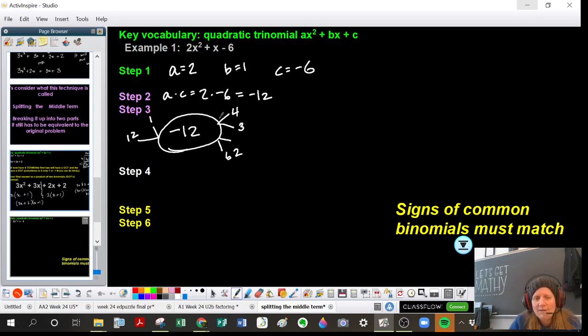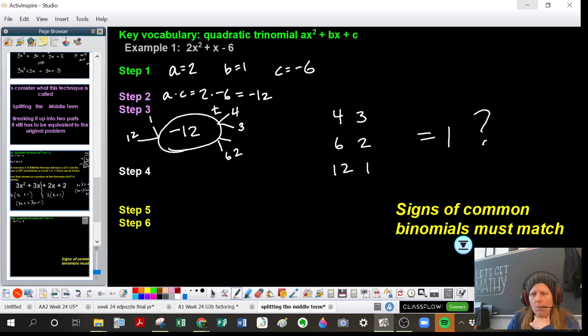Now, because the 12 is negative, remember these factors could be positive or negative. So what we're thinking now is more or less subtracting numbers to equal 1. If I have 4 and 3, 6 and 2, 12 and 1, which one has a difference of 1? Yes! 4 and 3 it is, right? 4 minus 3 equals 1.